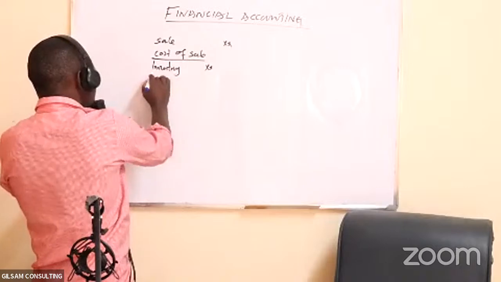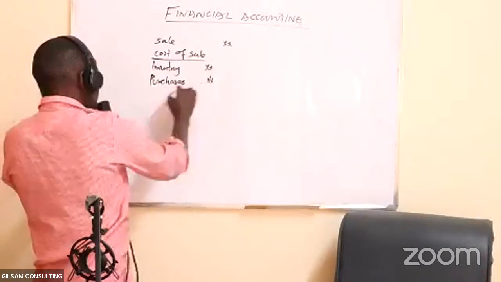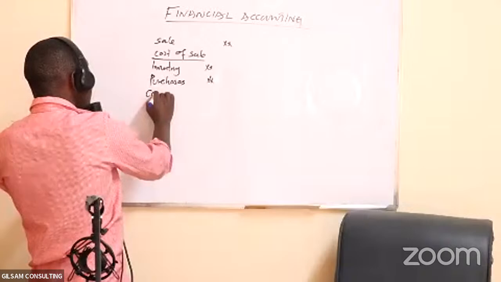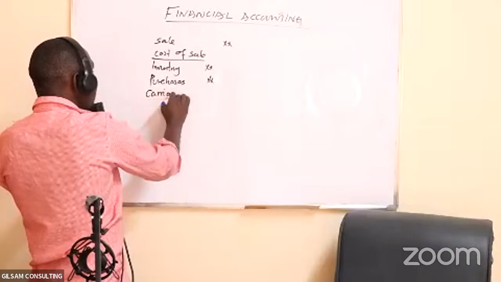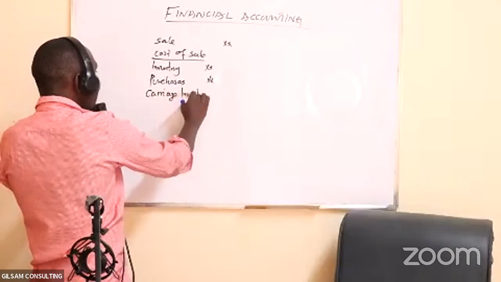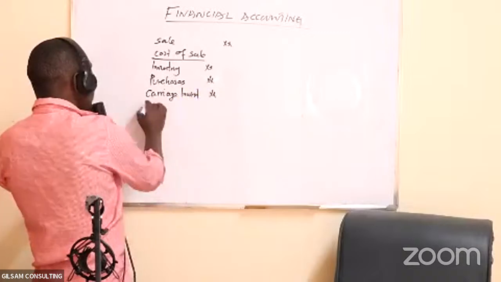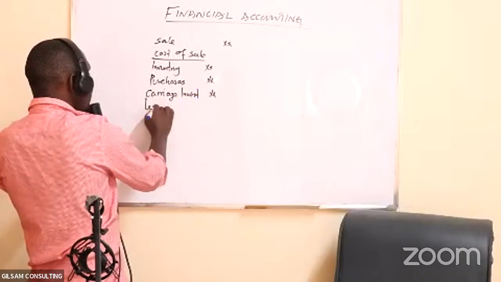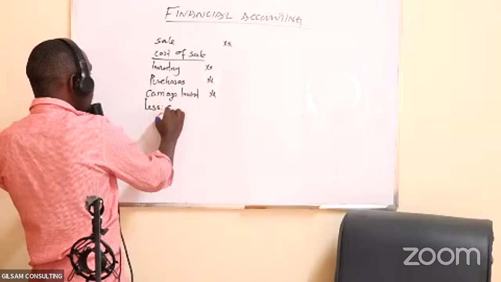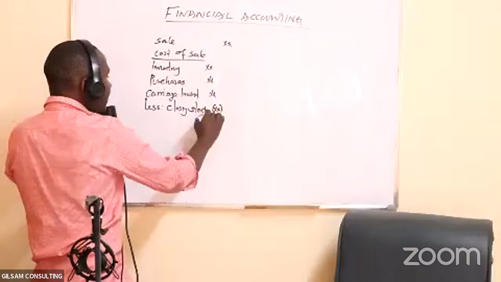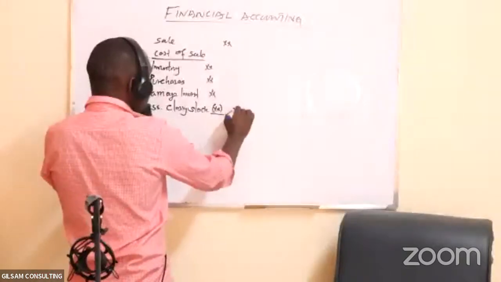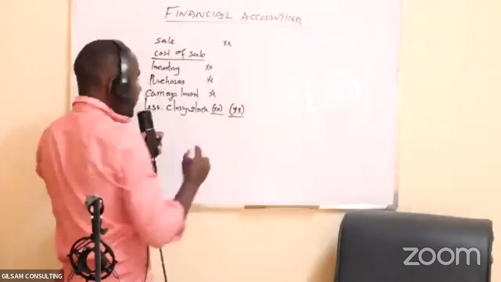We have the purchases, and then there is carriage inward. If there's any transportation, we add it. Then obviously we have closing stock, so we less closing stock. This is what you should have in your mind, not something you refer to somewhere else.